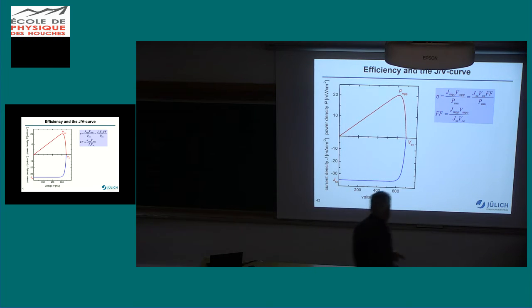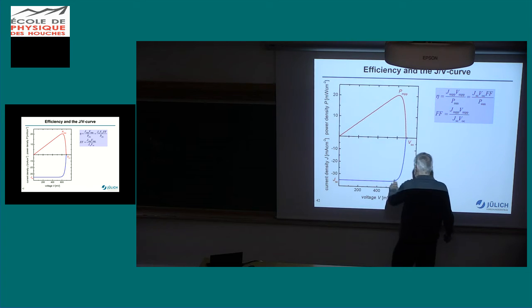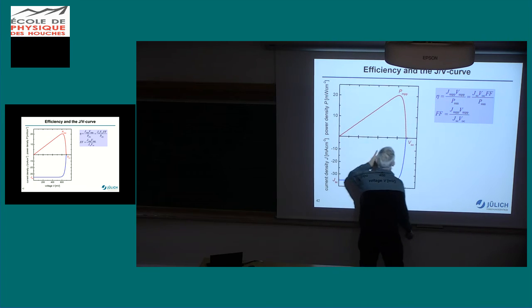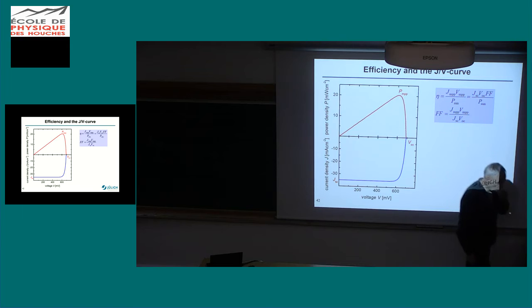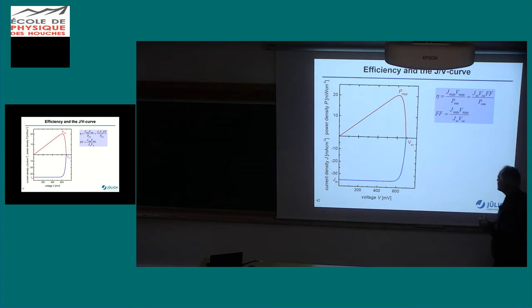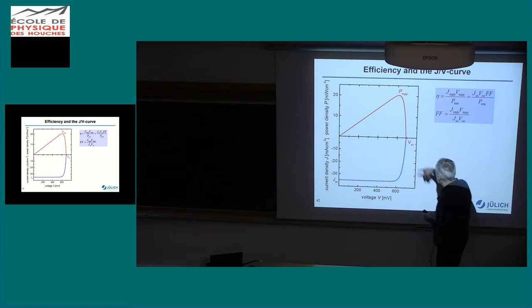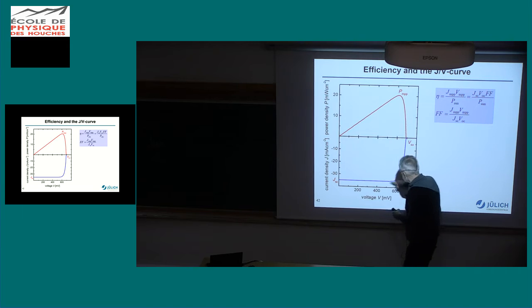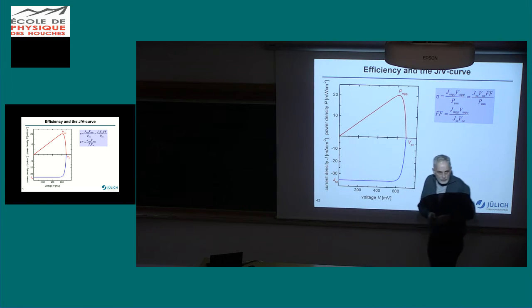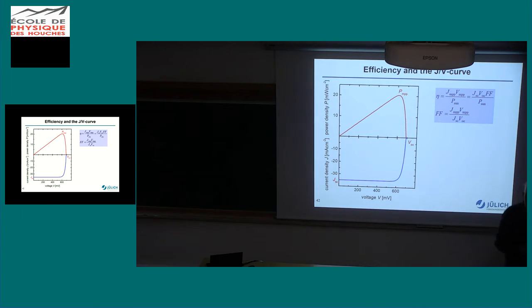So that's an area right here. That's just the height of this maximum power point, and you relate that area of real power to the area that you would have by multiplying JSC versus VOC.